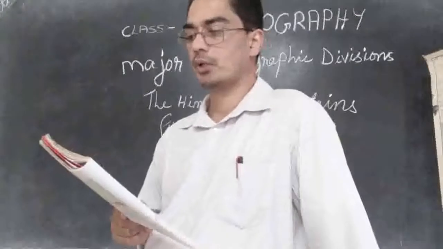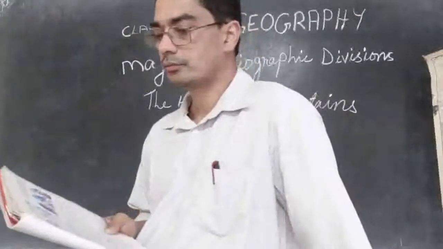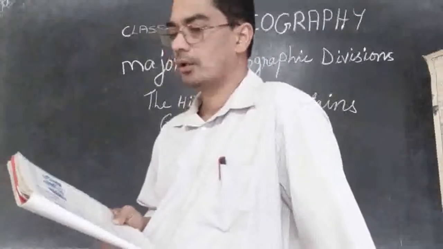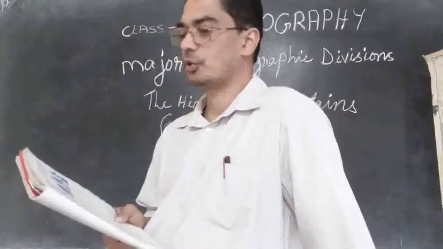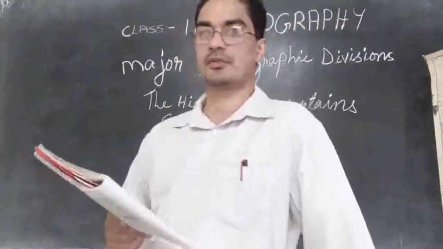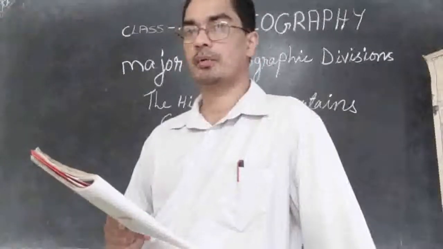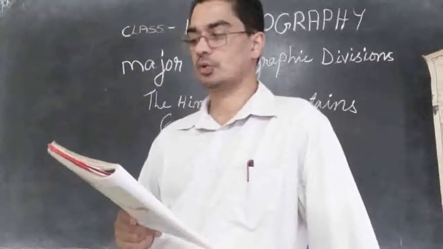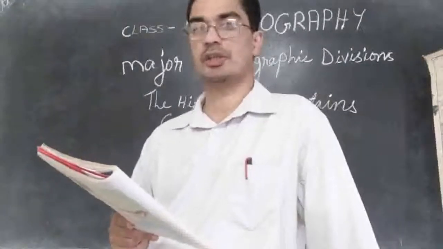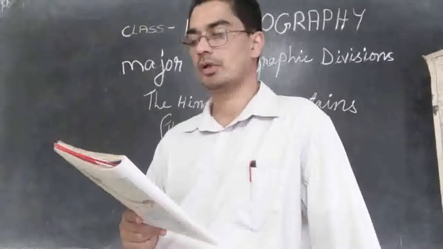Then the next one is Dhaulagiri, that is 8,172. And another one is Nanga Parbat, that is 8,126 meters high.